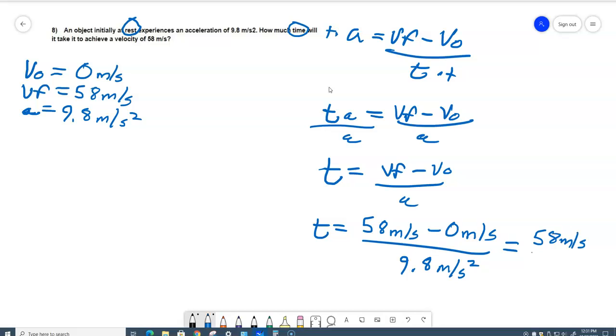So it's 58 meters per second over 9.8 meters per second squared. Let me grab my calculator. And I end up with 5.92 seconds.